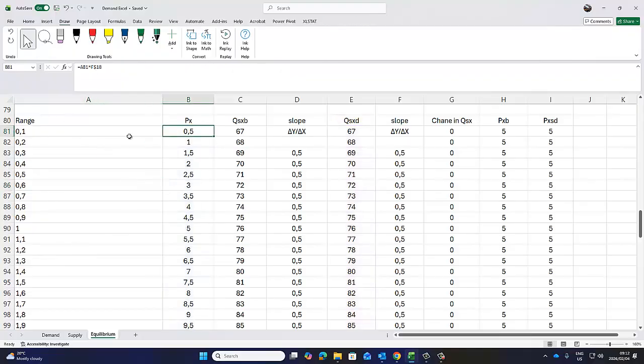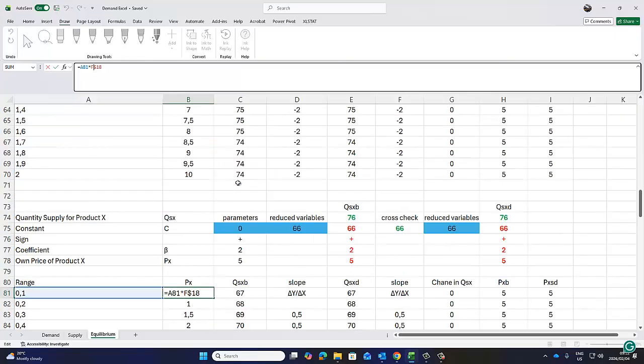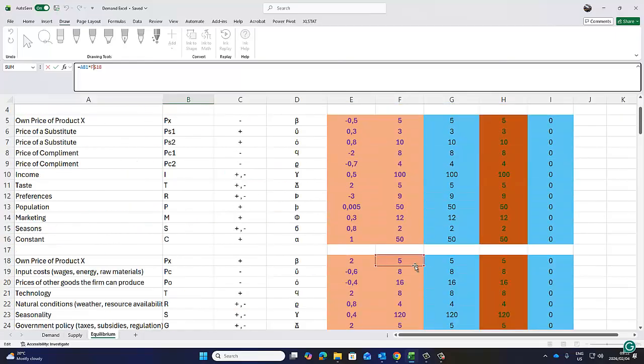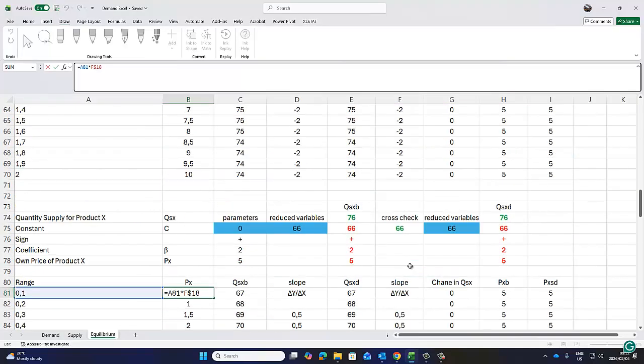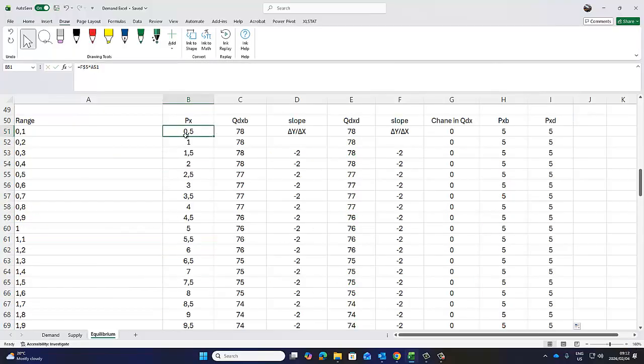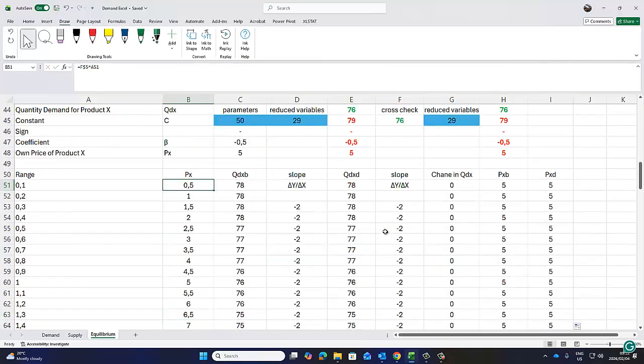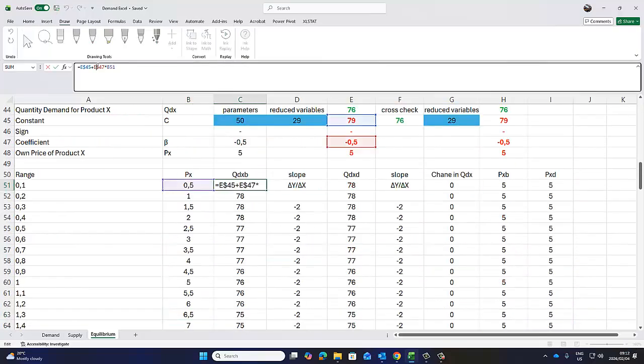So these values are just, for example, that value times the price. Quantity supply, oh, sorry, yeah, so that's quantity demand. So it's that times 0.5. And then obviously quantity demand is 0.5 times that, 79 minus that times that gives me 78.